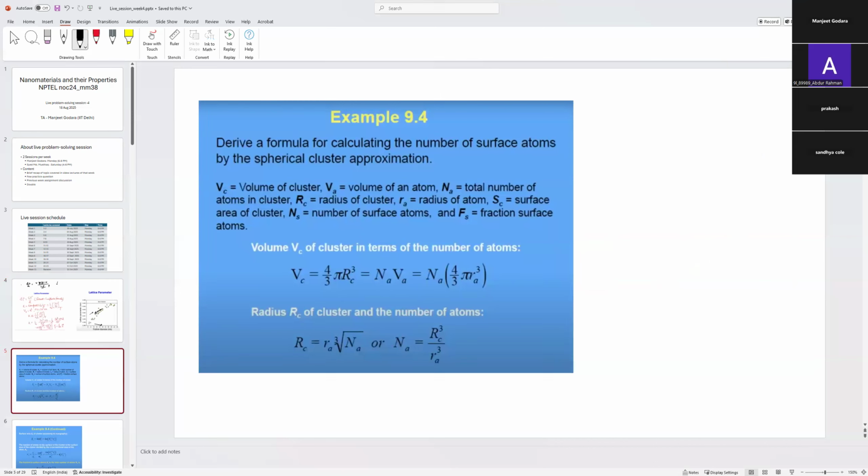Next, I don't think he did the derivation, but how do you get this value?